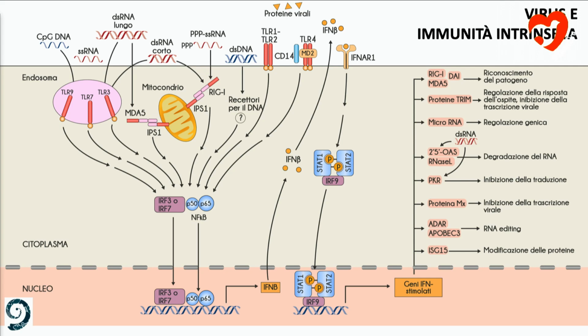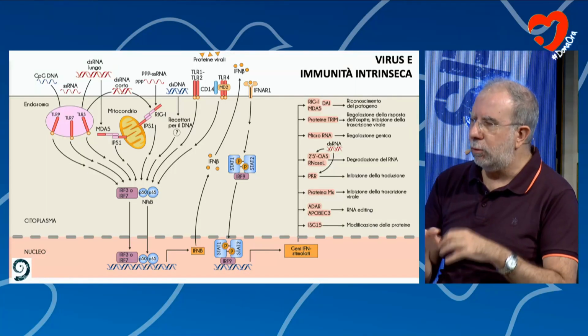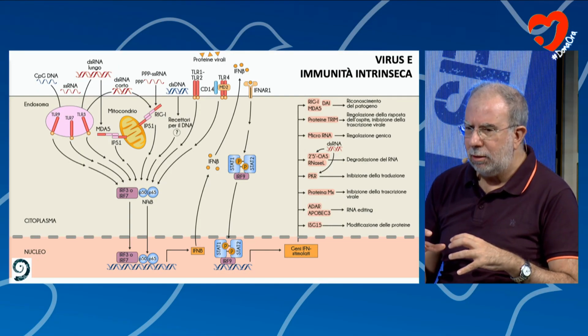And in turn, these proteins activate other phosphorylation cascades, leading to the production of over 300 genes, which are the first line of defense of the organism against the virus.